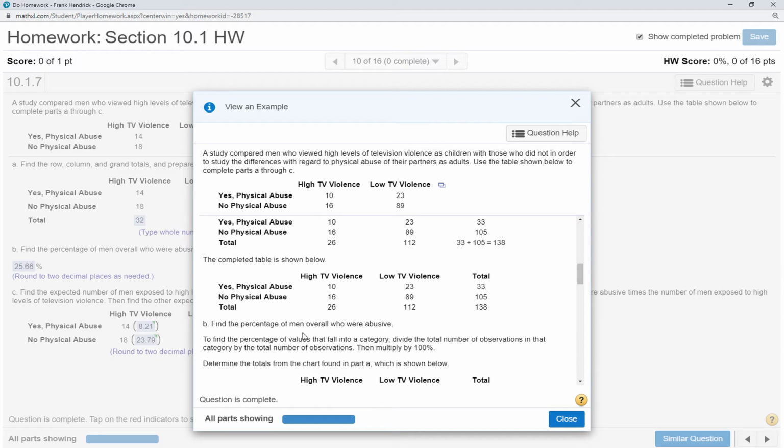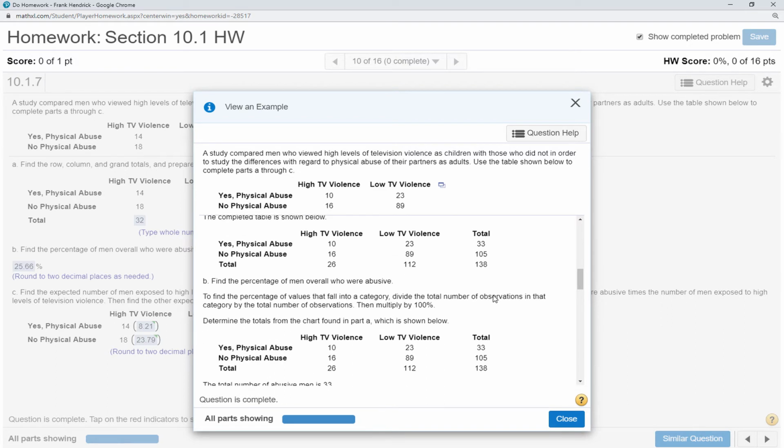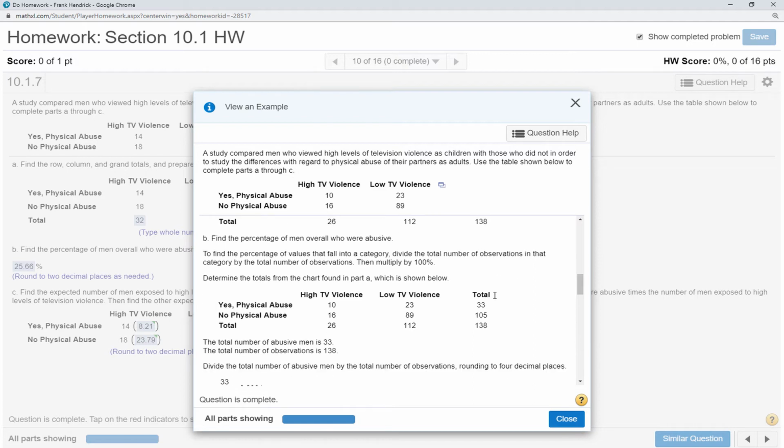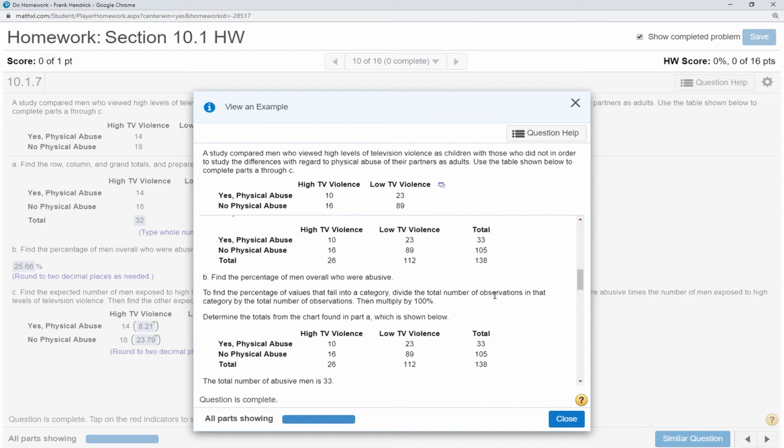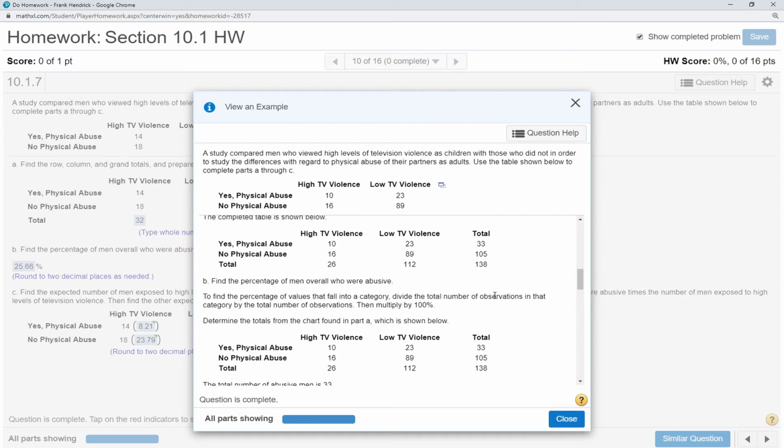So find the percentage of men overall who are abusive. So I see 33 here.